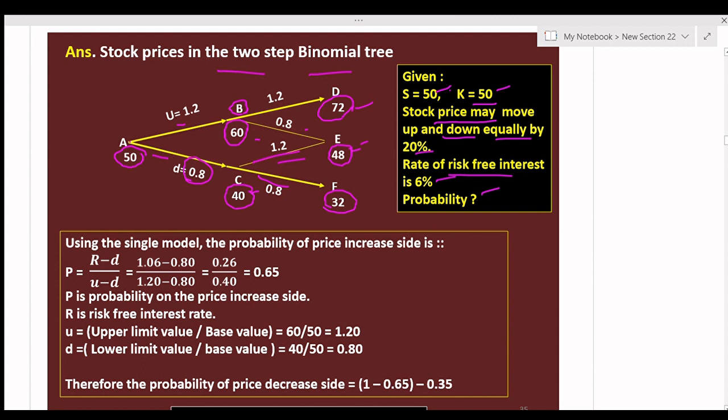So the intrinsic value will be 72 minus 50, that is equal to 22. And for E and F, in these nodes, the call buyer will not exercise his right because it is below the strike price. So C will be 0, and here C will be 22.